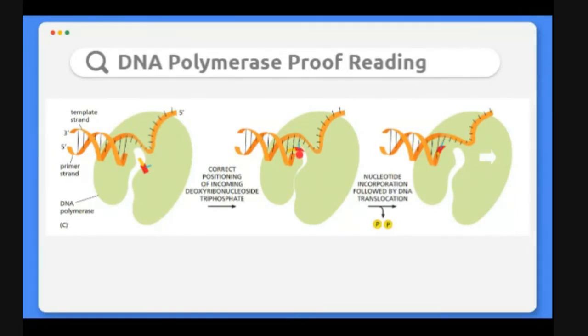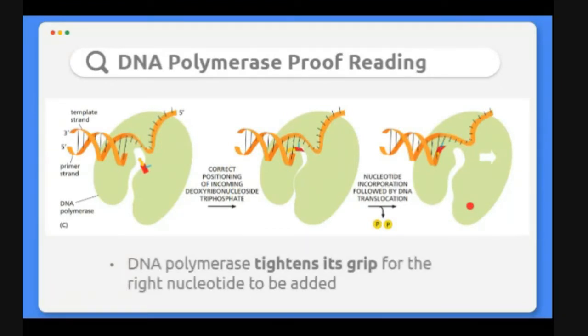So tama 'di ba? Adenine magbabind sa thymine. So if tama 'yon, yung grip ng DNA polymerase mo magta-tighten. Therefore, adding now your deoxyribonucleotide. Nag-tighten yung grip. But if it is a wrong base, hindi siya magta-tighten. So DNA polymerase tightens its grip for the right nucleotide to be added. Okay? Yan yung one proofreading mechanism ng DNA polymerase.